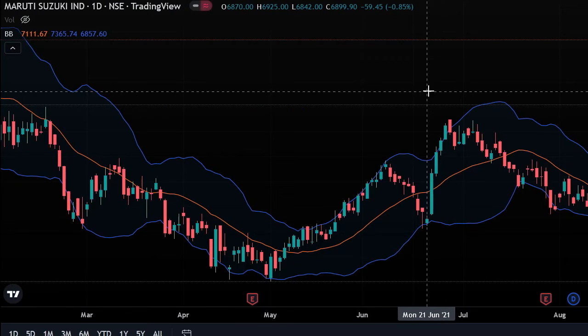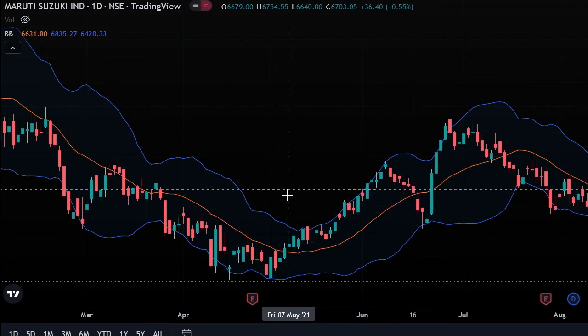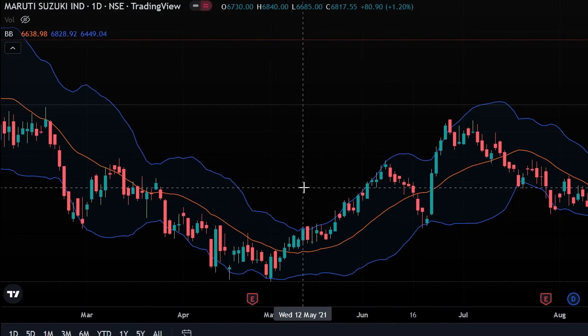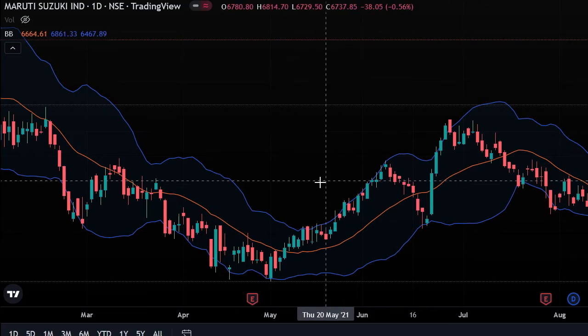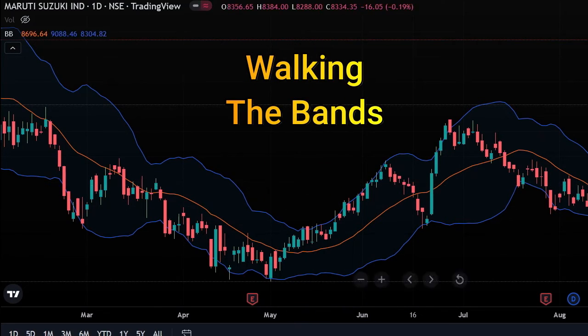There is one other concept to the breakdown and breakout of Bollinger Bands, that is walking the bands. Sometimes the breakdown is not so successful, but still the price is moving in the uptrend or the downtrend.